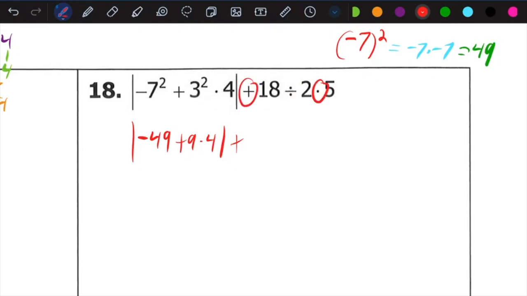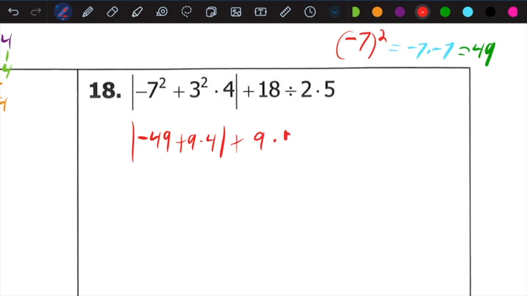Division always comes before addition, unless the addition's in parentheses, which is not here. And division will come before multiplication when it's on the left, which is the case. Because this operation will happen before either of the ones around it, we can go ahead and do that operation in this step if we would so like.